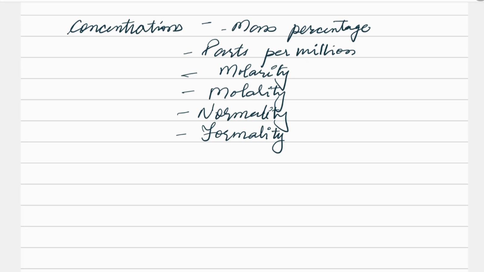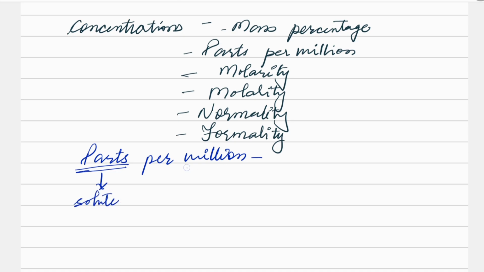Okay, let's start with parts per million. As the name suggests, we are going to focus on the parts. We are talking about concentration, so concentration is always based on the solute. So parts of solute per million means 10 raised to power 6. As you can see, this is a very big amount.